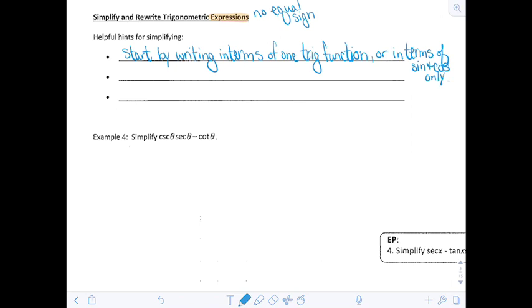We tend to work a lot with sine and cosine. So one way to try to simplify it is to try to write everything in terms of one trig function, or try to write everything in terms of sine and cosine.